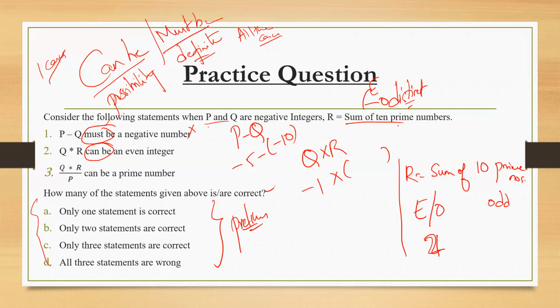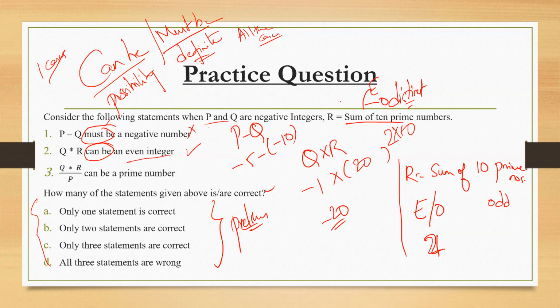For example, if I take the prime number 2, the first prime number, and all the 10 prime numbers are 2 itself. So that is 2 into 10, 20. That is, Q into R will be here minus 20. Now minus 20 is an even integer. Are you getting this, everyone?